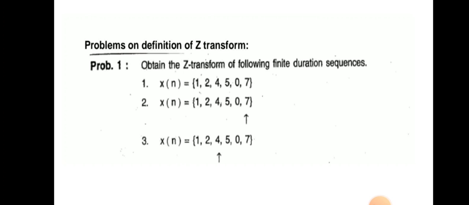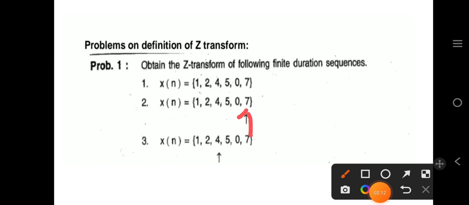It means the value of n varies from 1 to 7. The second problem is x of n is equal to 1, 2, 4, 5, 0 and 7. Here in the second problem, the arrow is denoting the 7. As you can see, the arrow is represented here.